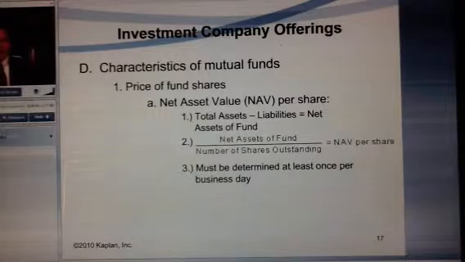We know that mutual funds are priced via a formula, and here is the formula. We have this terminology called net asset value and public offering price. The net asset value per share is determined by taking net assets of the fund, assets minus liabilities, and dividing that by the number of shares outstanding.